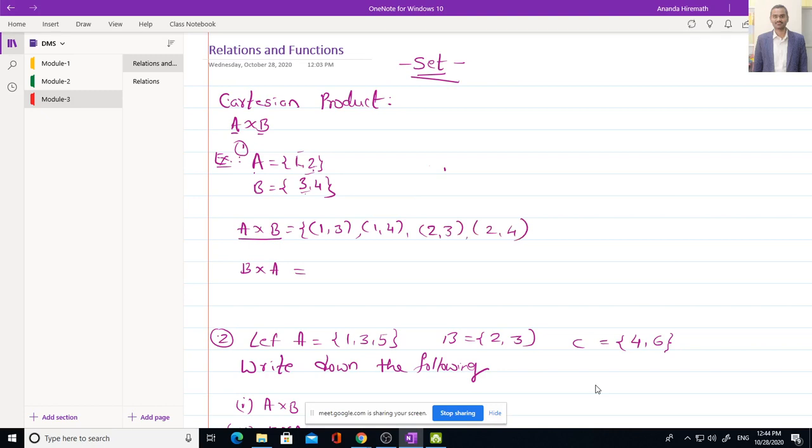And one more thing to observe here is, when I say A cross B, in this pair the first element must be from A and the second must be from B. Let us see B cross A now.